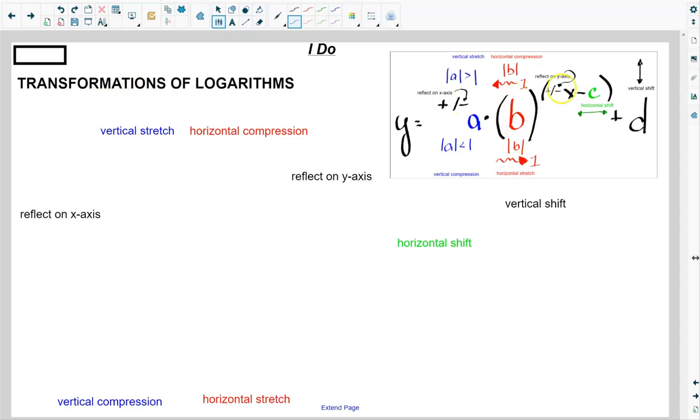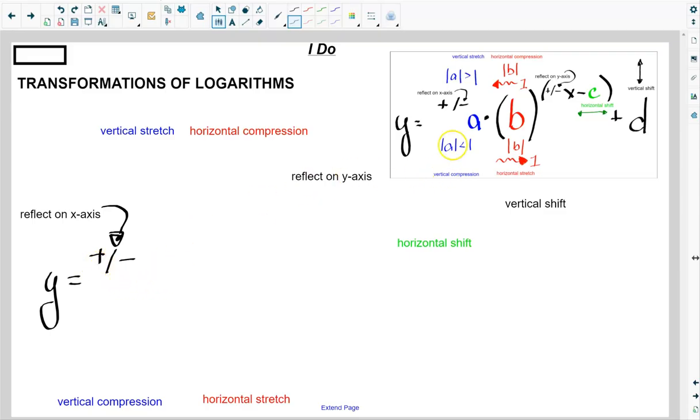So transformations, I've got this image because this is our exponential transformations notes. We're basically going to try and model that as best as possible, okay? So we've got y equals, and we've got plus or minus, just like before, which is linked right there. You guys know how that works.